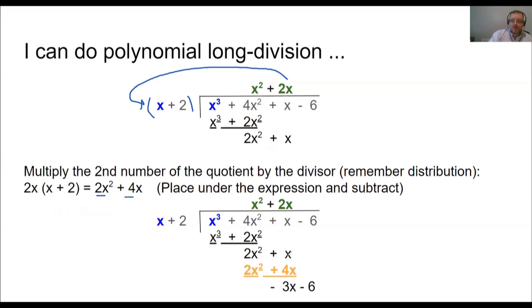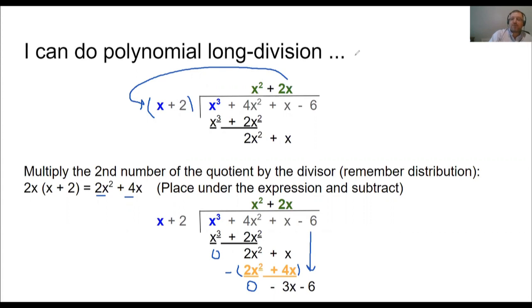And then I put it right here beneath it. Same process. I put parentheses, minus. This goes to 0. Like I said, it will continue to go to 0. That's the whole purpose as we go down here. 0. x minus 4x is negative 3x. And then I bring down the negative 6.